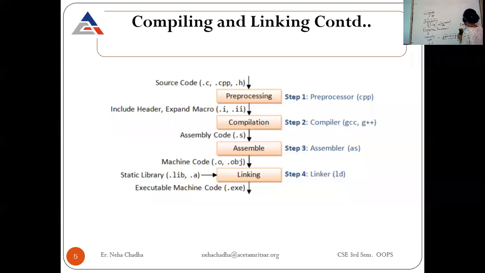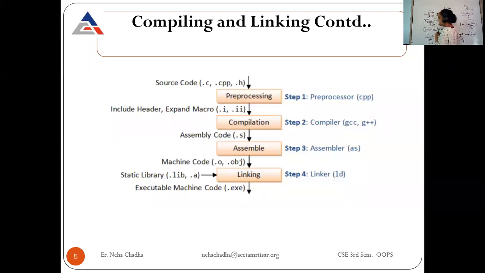Then it will go to the loader, and then you can check your output. This is the whole process that will run each time you create or run your program. This is called the build process. That means how your program is building.